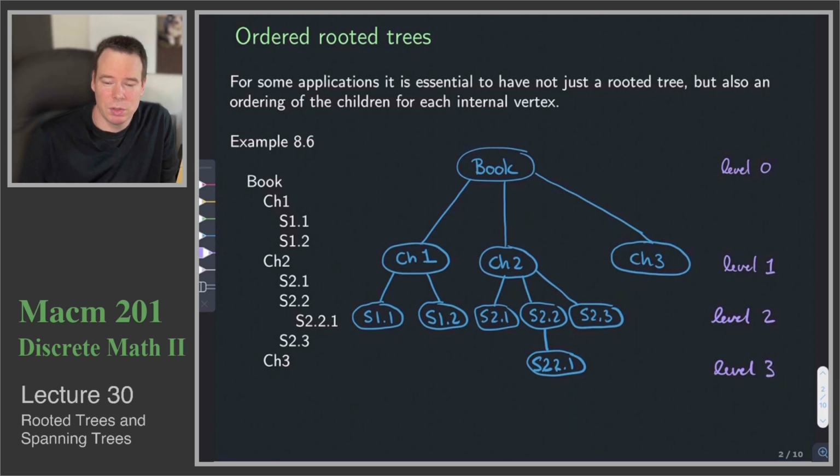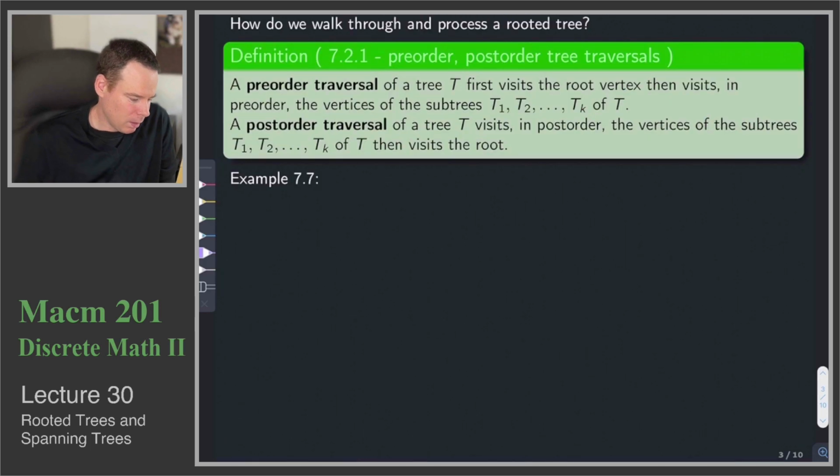Now in some applications, we'll be interested in walking through a rooted tree and visiting the various nodes. So how can we do that? How do we walk through and process a rooted tree? Well, 2 common ways of doing that are known as the preorder traversal and the postorder traversal. So we'll do examples of each of these. What they are is the preorder traversal.